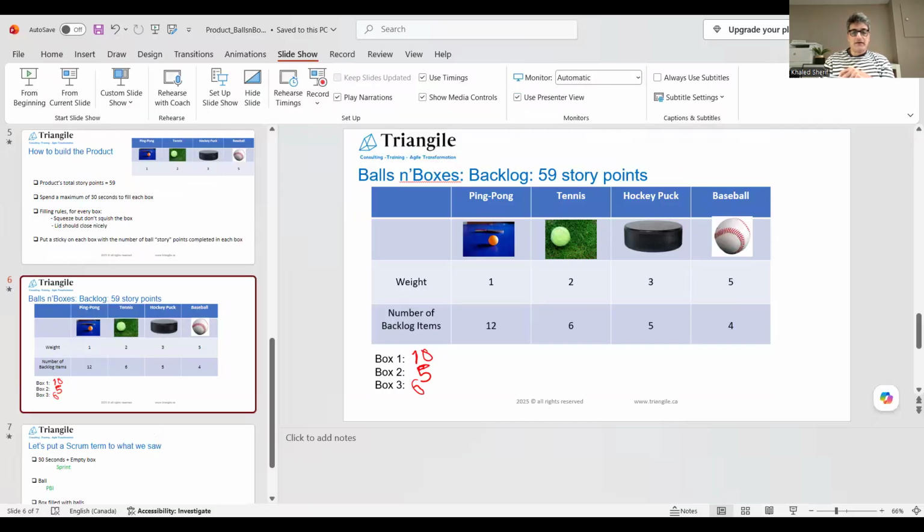So I have my calculator and the average. So 10 plus 10 plus 5 plus 6, so actually 21.